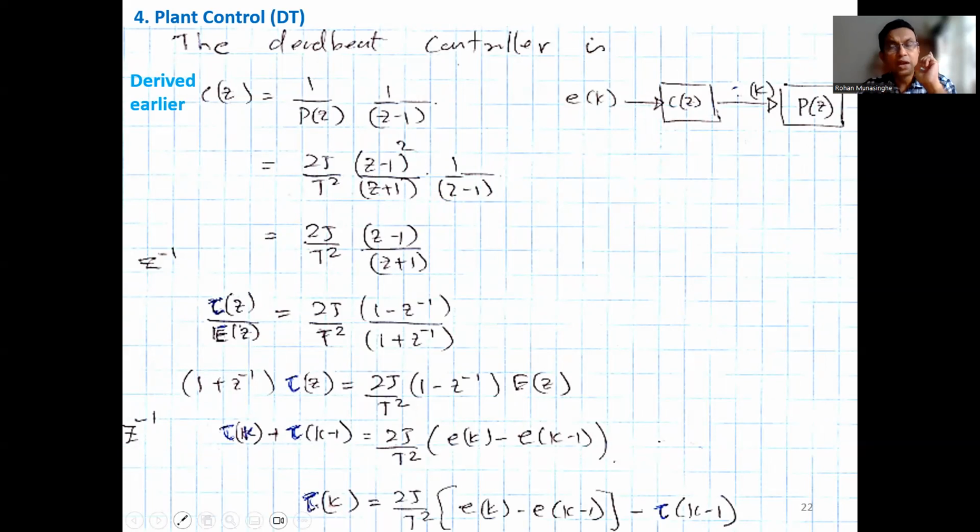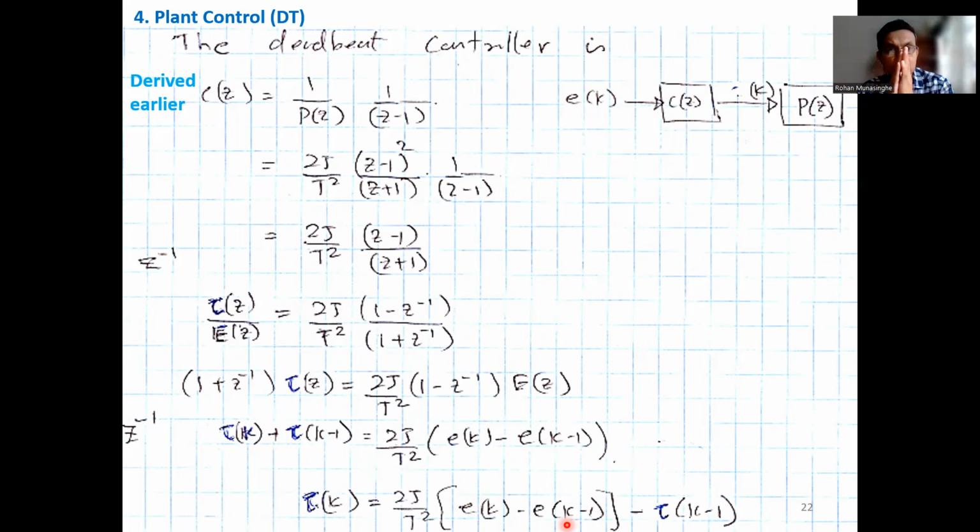Now when time is 1, k equals 1, there's no error because now they are equal. Reference and response are equal. So this is 0. But what about this one? This is the error one step ago. Initially, it was 1. Is that clear to you?